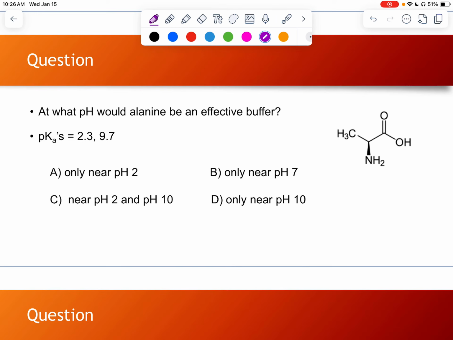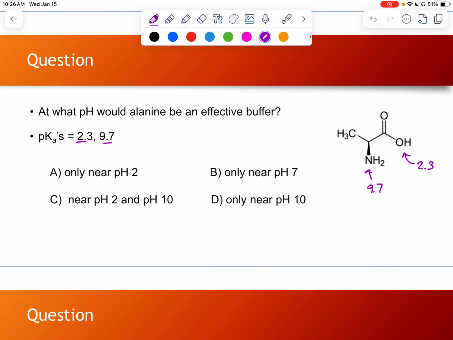Let's take a look at this next question. At what pH would alanine be an effective buffer? Its pKa's are right here. This would be the 2.3, this would be the 9.7. All right, think about it, pick an answer.